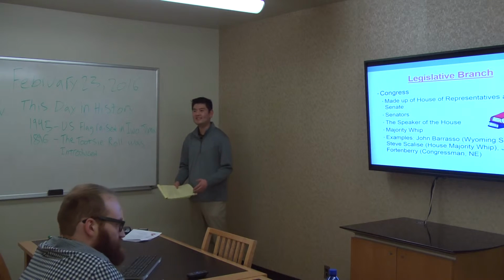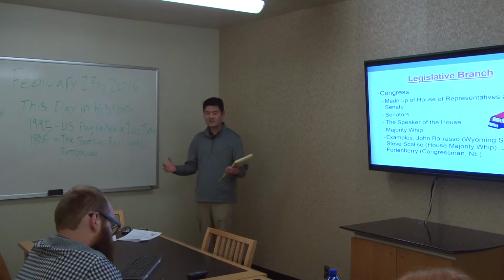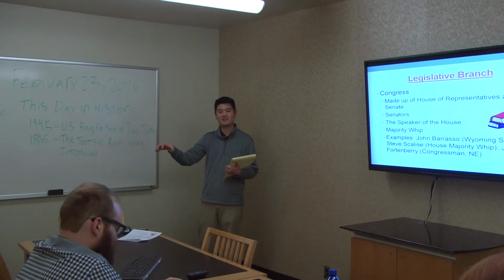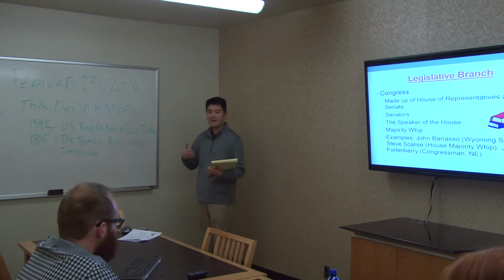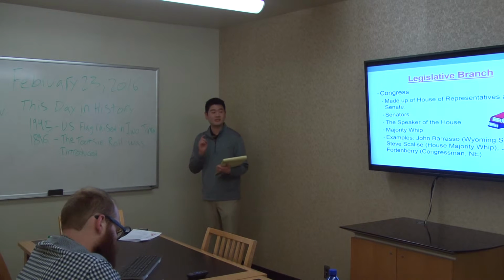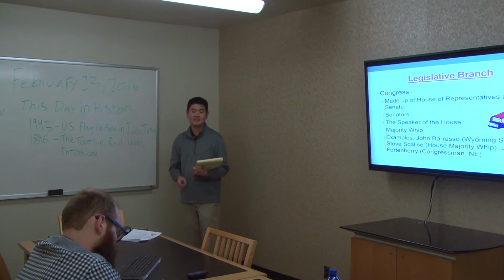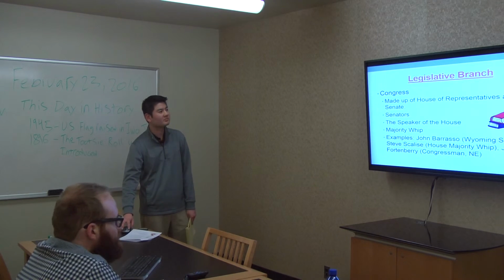The Majority Whip is in charge of collecting votes on an issue. He's basically in charge of gathering enough votes in the House and the Senate to either pass a bill or go against it. And I'm glad you mentioned that, because if you're interested in that, there's a research project that we'll be doing next week that you can keep in the back of your head. So hang on to that thought.